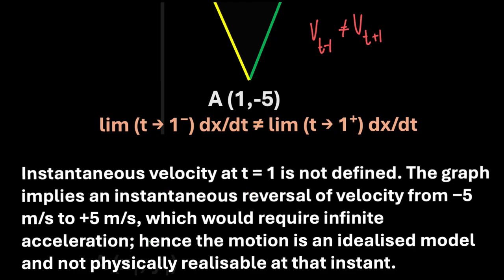Therefore, instantaneous velocity at t equal to 1 is not defined. The graph implies an instantaneous reversal of velocity from minus 5 meter per second to plus 5 meter per second, which would require infinite acceleration. Hence, the motion is an idealized model and not physically realizable at that instant.